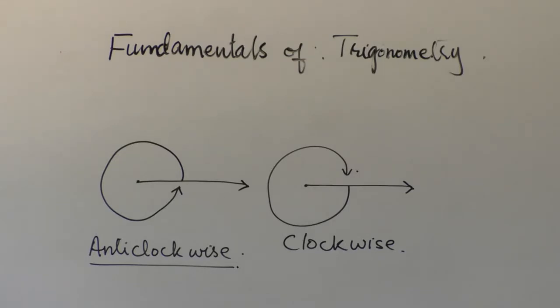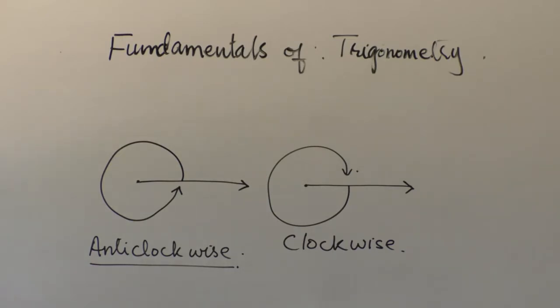There are two commonly used measurements for angles. One is degrees and the other one is radian. Now the one with degree, minute and second, this is called sexagesimal system.